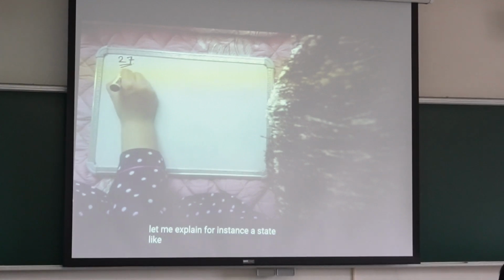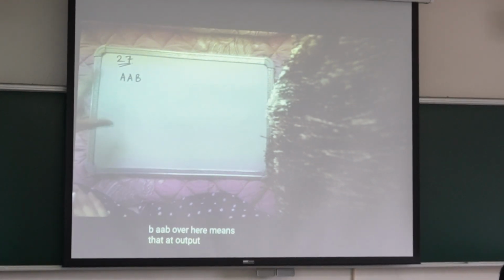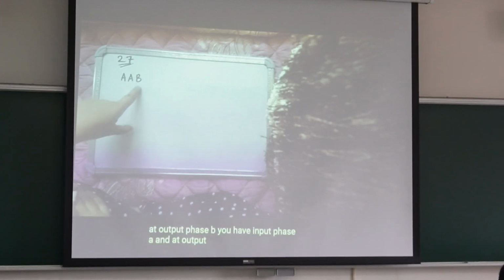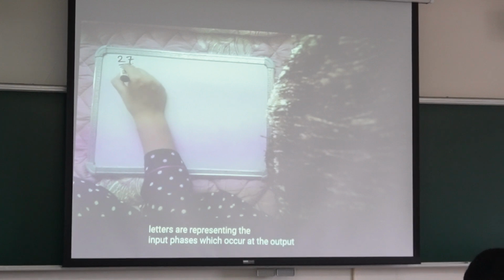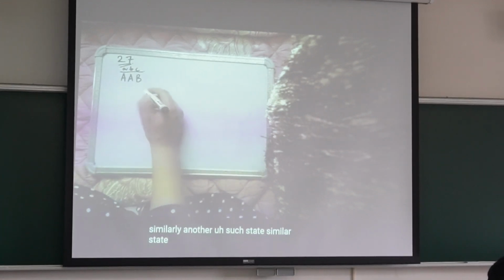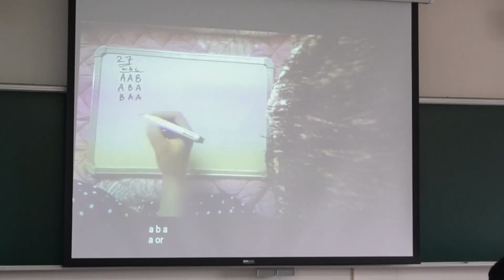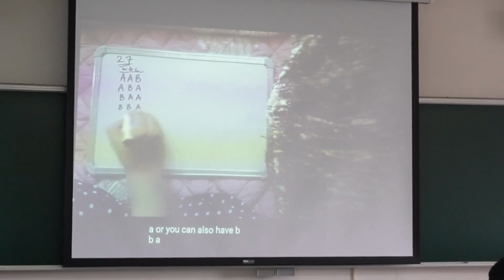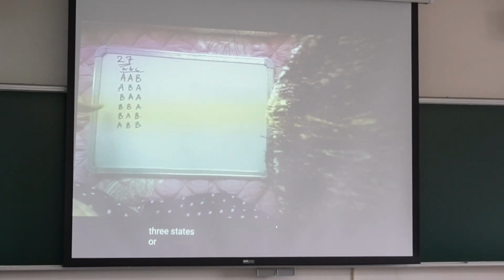For instance, a state like A, A, B means that at output phase A you have input phase A, at output phase B you have input phase A, and at output phase C you have input phase B. The capital letters represent the input phases, which occur at the output phases A, B and C. Similarly, you can also have B, A, A, or A, B, A, which means two A's and one B, or two B's and one A.